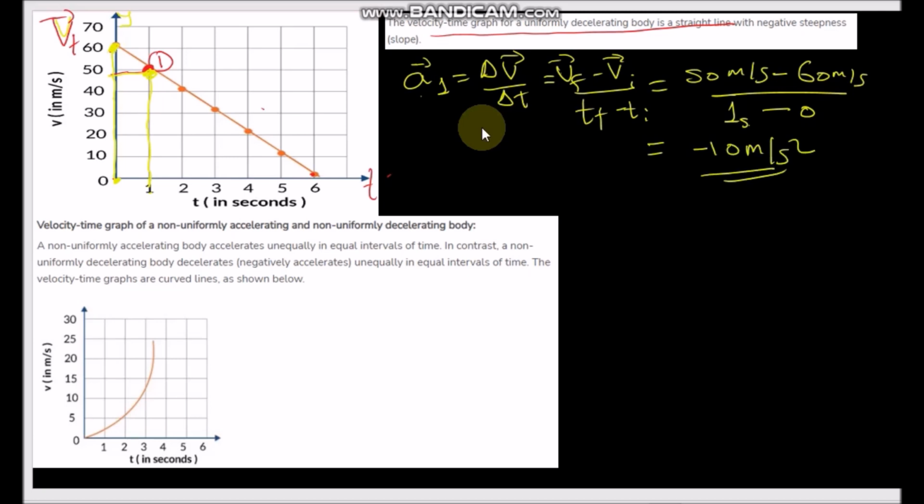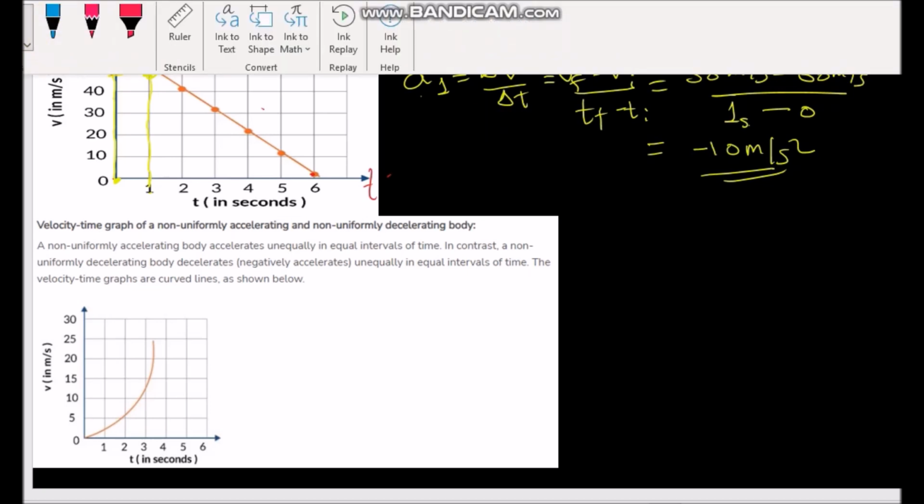That's why we have negative acceleration. This negative acceleration is deceleration. Don't forget. If you have any question, again you can comment.